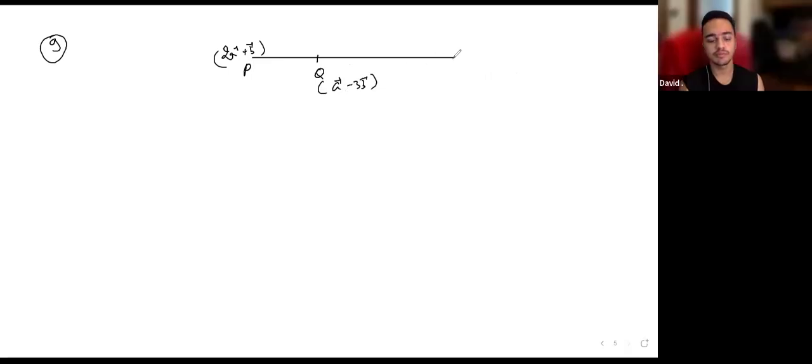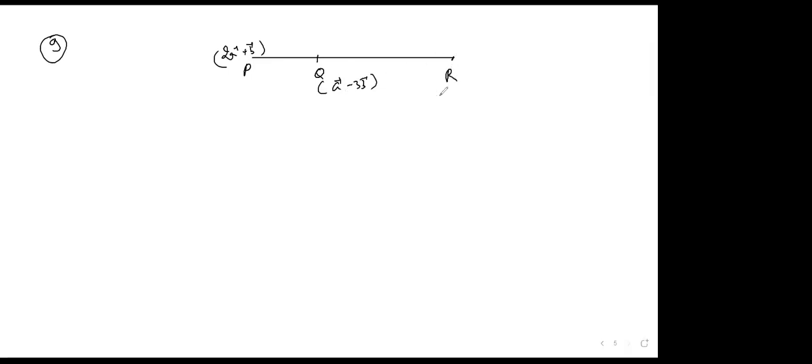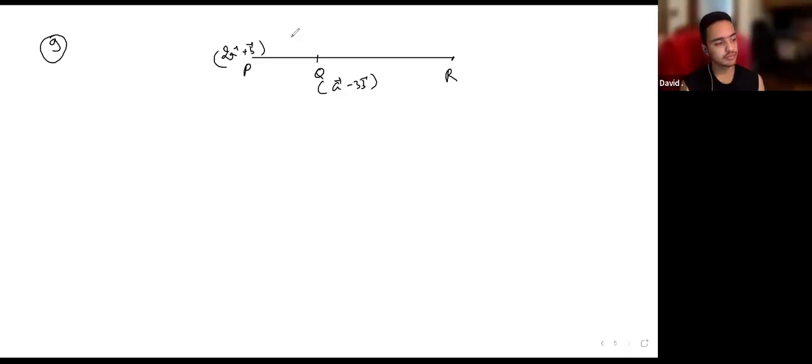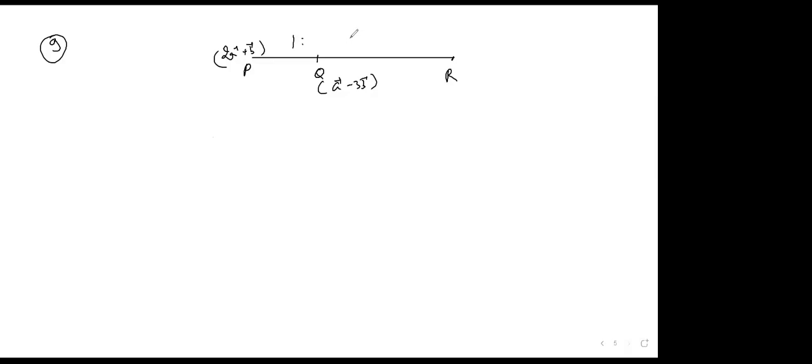Let us suppose this point is R, and it divides externally in the ratio 1:2. So we will apply the section formula for external section.